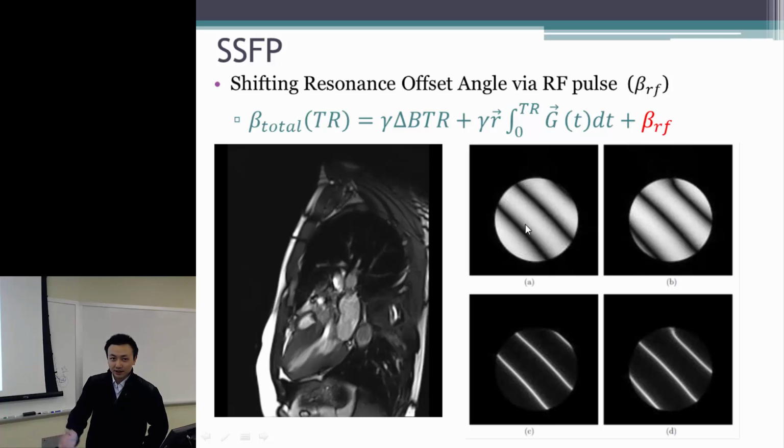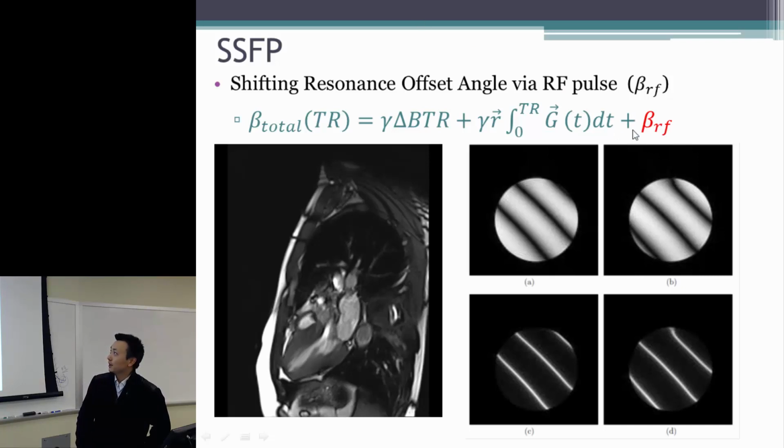Okay, so how do we change this resonance offset angle so that we can move this passband to a place that we want? Well, for example, if this is the brain and I want to see tissue here, but with this setting it is located in a stop band, so we cannot see it. So how can we shift this passband to here? The basic idea is just to give the RF pulse extra phase.